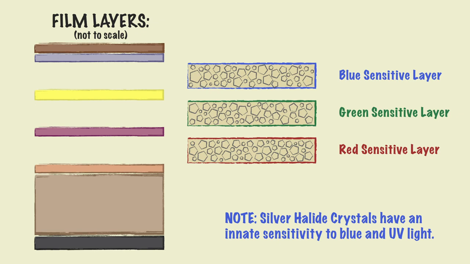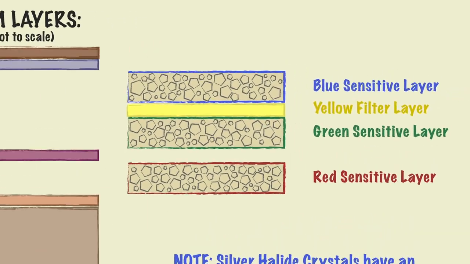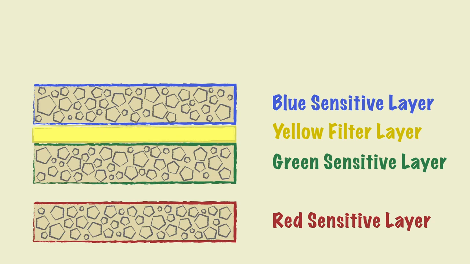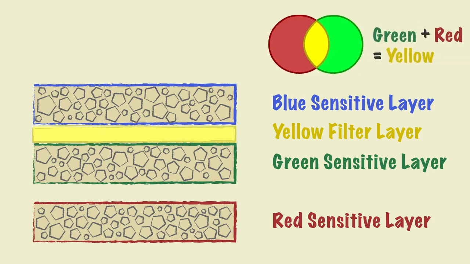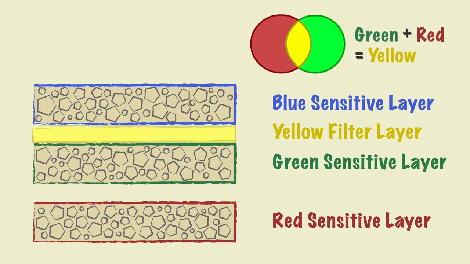So any remaining blue light that was not absorbed by the blue layer must be removed. This is achieved with an extra yellow filter, placed directly below the blue sensitive layer. Since yellow light is made from green and red light, these waveforms are allowed to pass through, but the blue waves of light are absorbed.